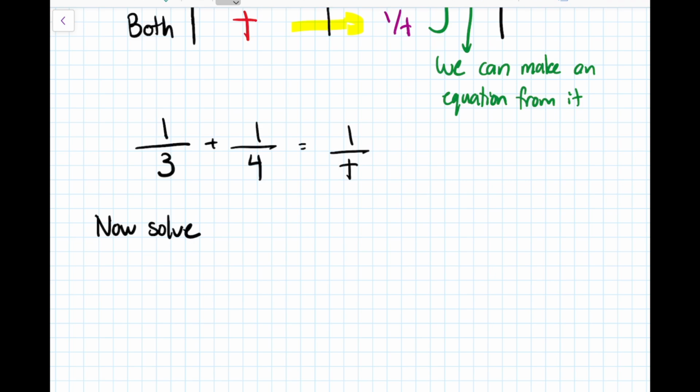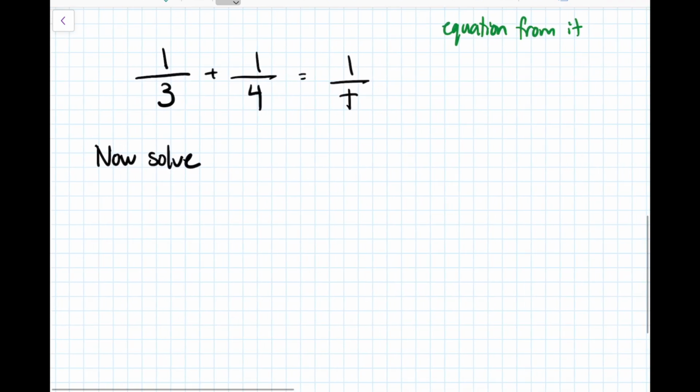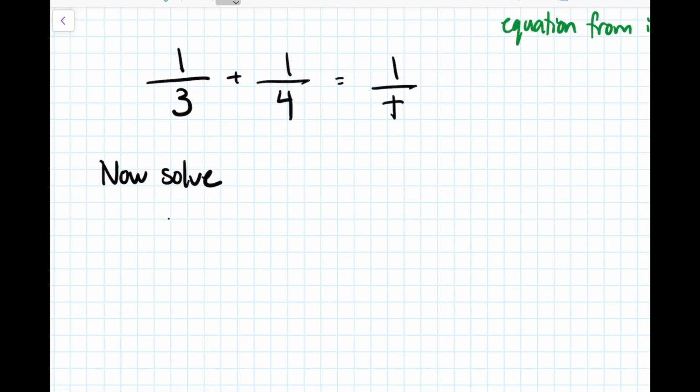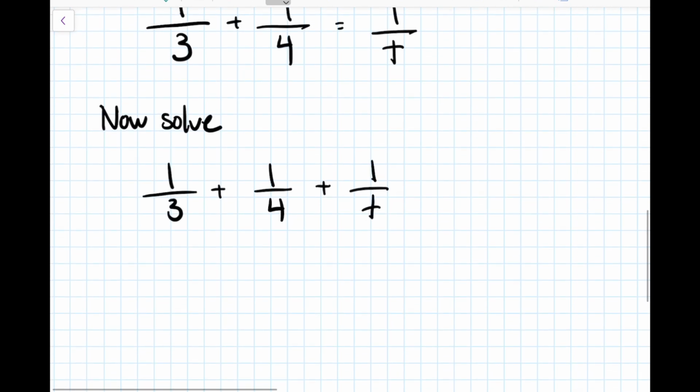All right, so this is a rational equation, and we're going to solve it just like any other rational equation. So the same thing we did in the last two videos in section 6.4. Our common denominator here is 12t.